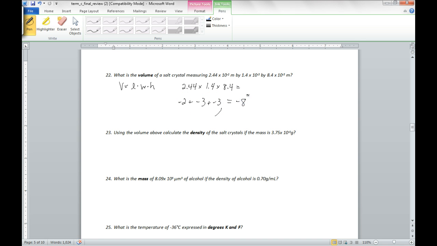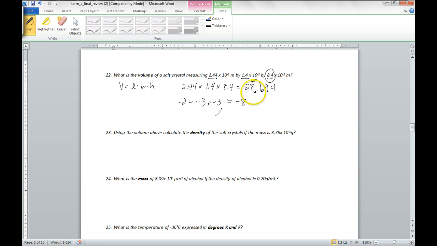We can go 2.44 times 1.4 times 8.4, which gives us 28.694. We only have 2 sig figs. This one has 2, this one has 2, and this one has 3. So we have to go with the lowest number of sig figs. We can only have 2 sig figs, so it's going to round to 29.